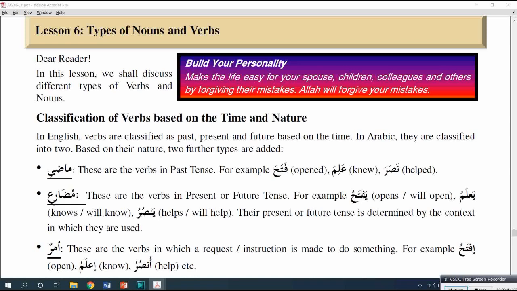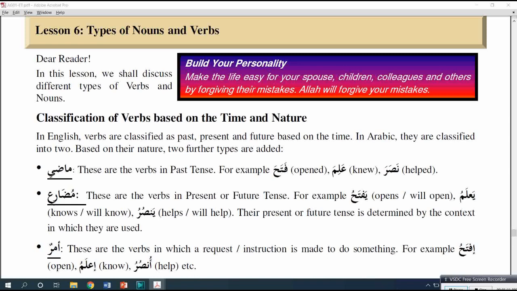Allah will forgive your mistakes, inshallah, because Prophet Muhammad sallallahu alaihi wasallam explained that if you forgive the mistakes of other people, Allah will forgive your mistakes as well. So please think about it.